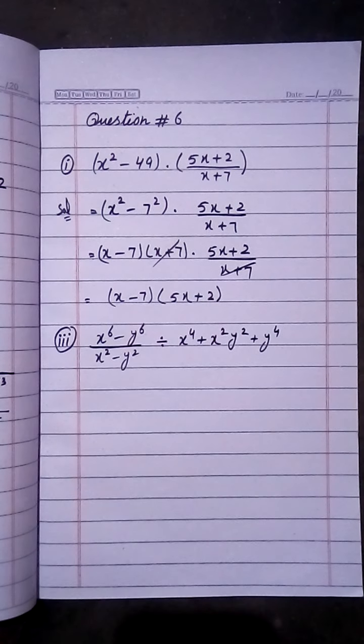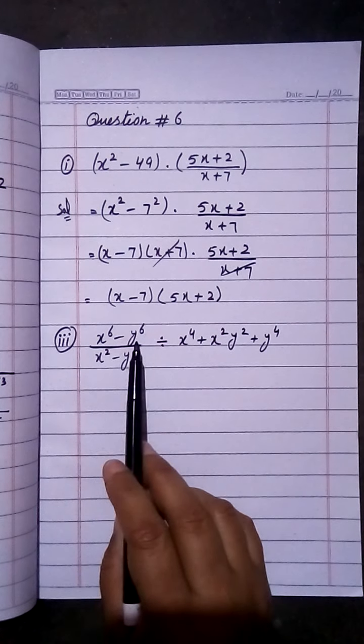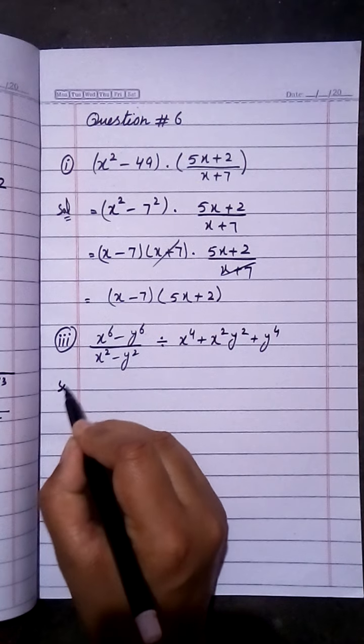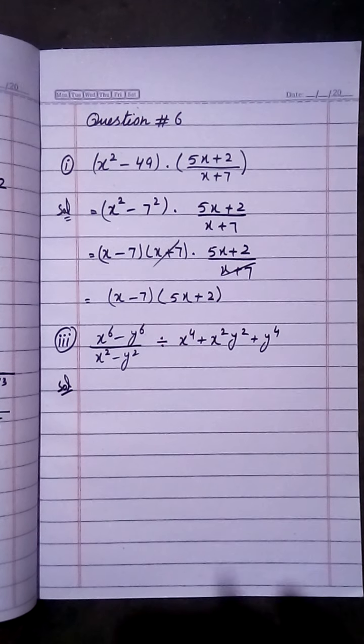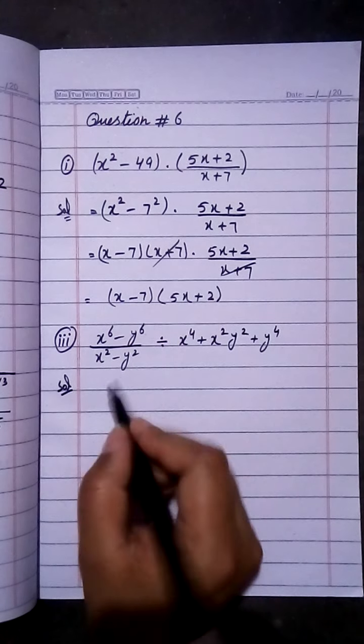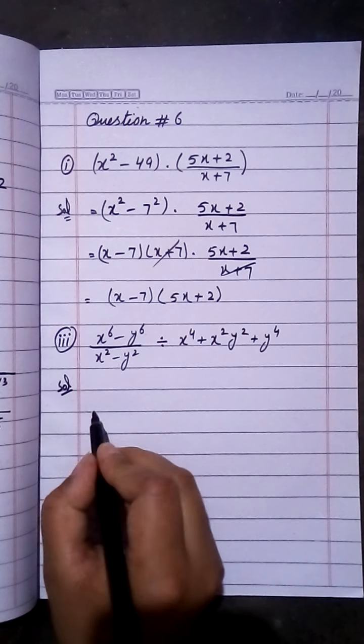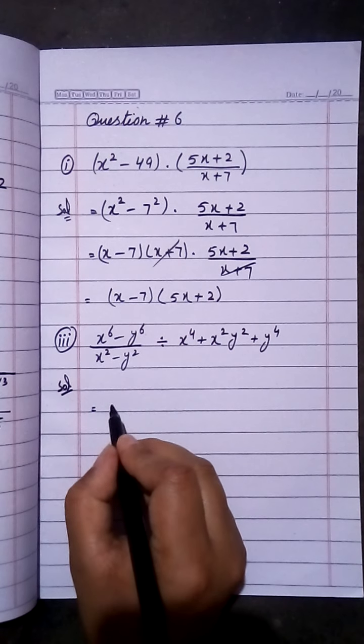So let's see its third part. x raised to power 6 minus y raised to power 6. First of all you have to break it down, because you know the formula of x raised to power 6 minus y raised to power 6. You have two formulas, for square and for cube. So first of all you have to convert in factors.